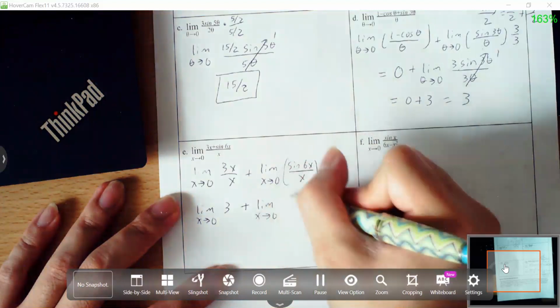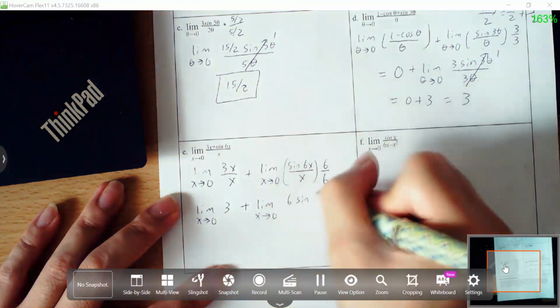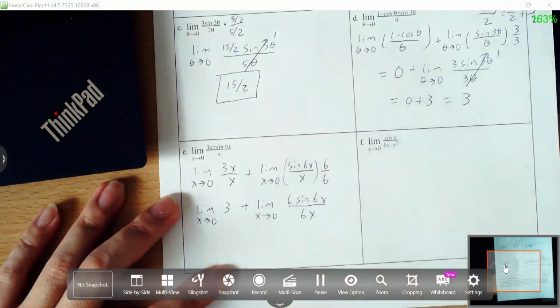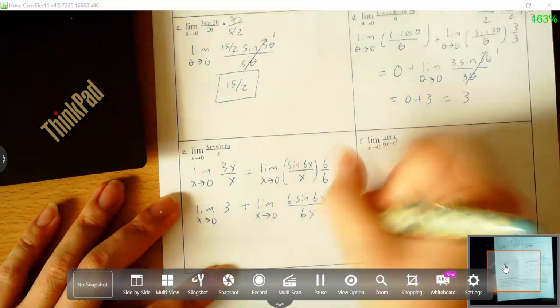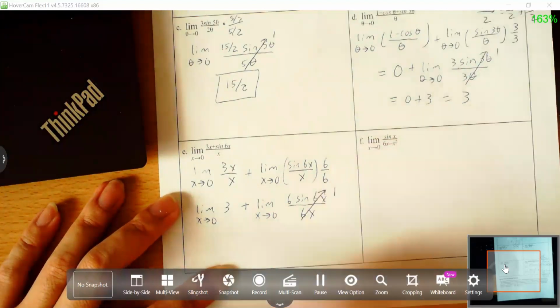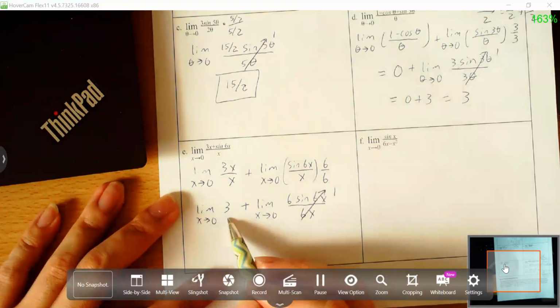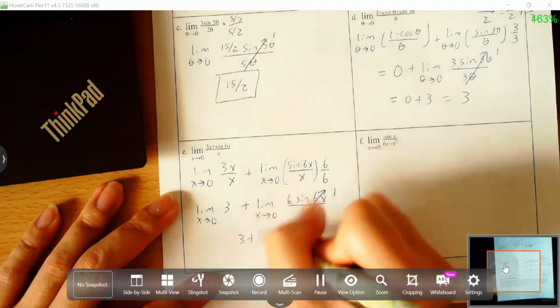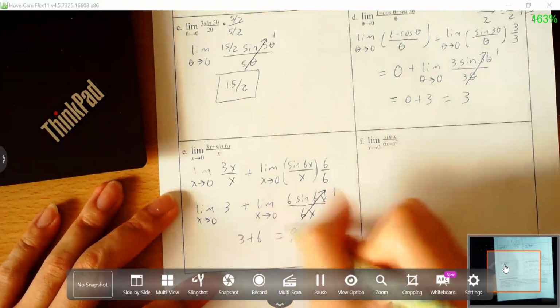And then this is 6 sine 6x all over 6x. And then using the property from above, sine of 6x over 6x is just 1. So this is the limit of 3 plus the limit of 6, which is just 3 plus 6, and that's 9.